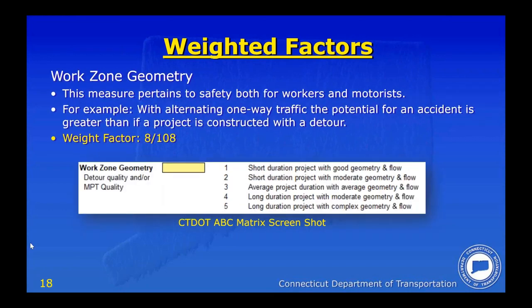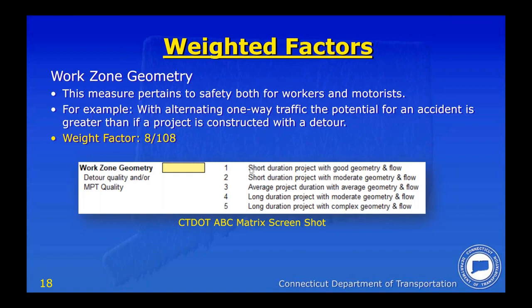Work zone geometry has a weight factor of 8 over 108, so we put a slightly higher premium on this. This is a measure related to the safety of workers and motorists. With the work zone that we have, for example, with 1 lane alternating traffic, the potential for an accident is much greater than for a project constructed with a detour that we might find with an ABC project.